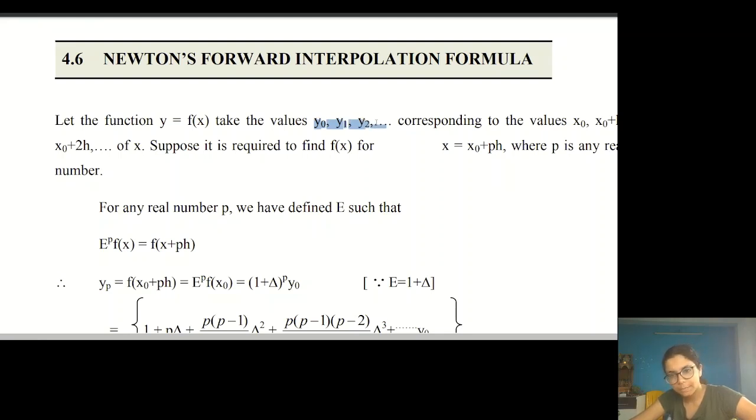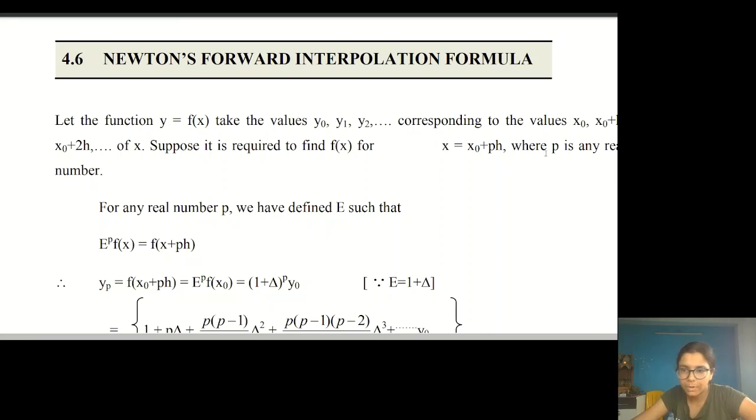For every x there is a y value, so to this y0, y1, y2, there is a corresponding value of x0, x0 plus h, x0 plus 2h. Suppose now that we have to find f(x) for x equal to x0 plus ph.